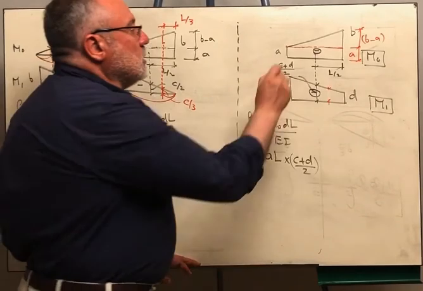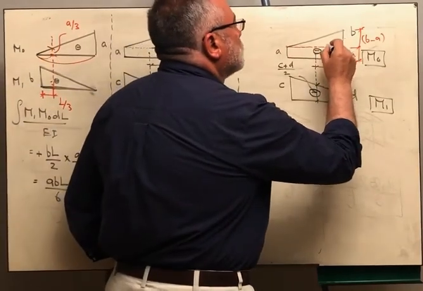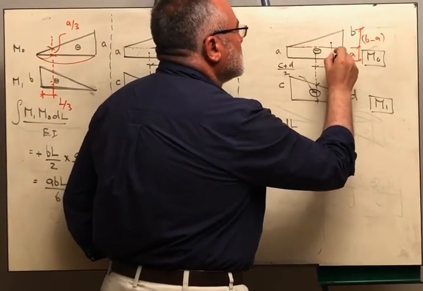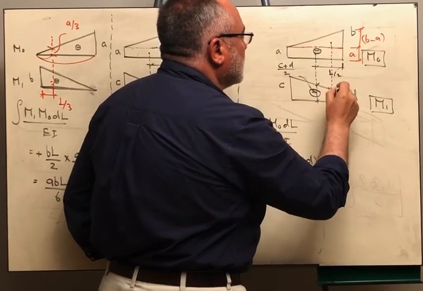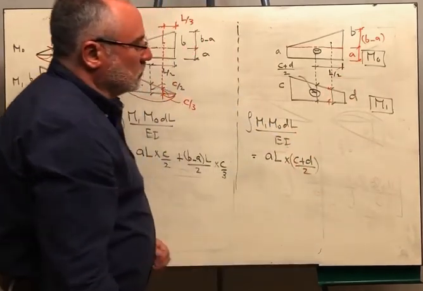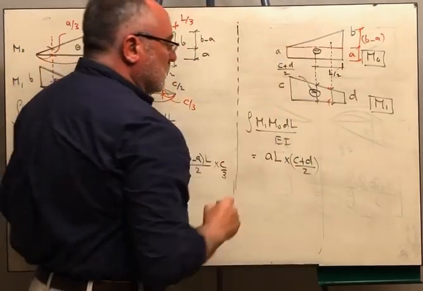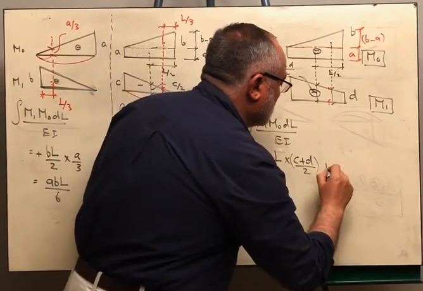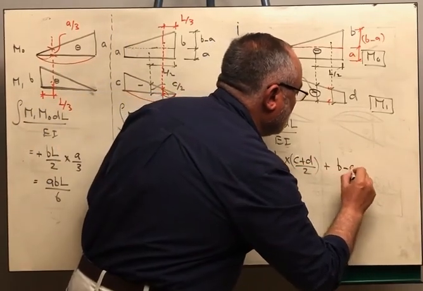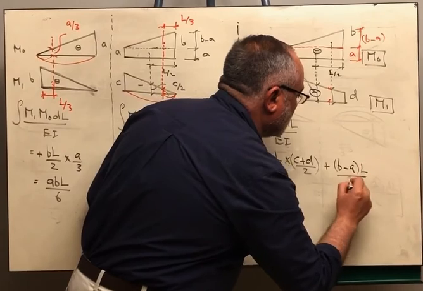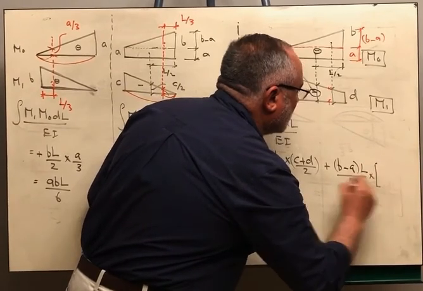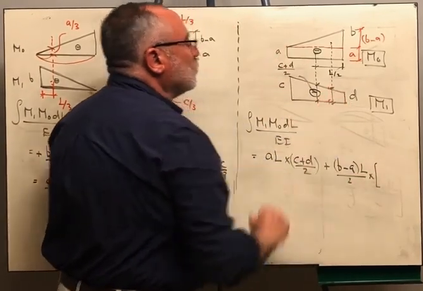Okay. Now for the triangle, we are going to get the position of the centroid and we want to get the respective ordinate. Okay. So the area of the triangle will be how much? This will be plus B minus A multiplied by L over 2 multiplied by this respective ordinate.